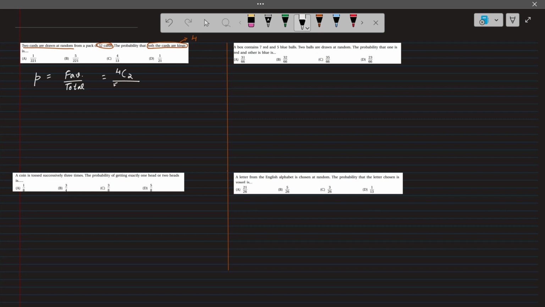Total number of cards are 52, out of which we can select 2 cards in 52C2 ways. We'll just calculate this. 4 into 3 whole by 2 upon 52 into 51 whole upon 2. 2 will get cancelled out. 4 3s are 12. So 3 17s are 51 and 4 13s are 52. So final value comes out to be 1 upon 13 into 17.